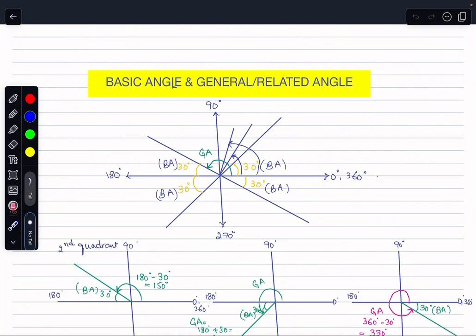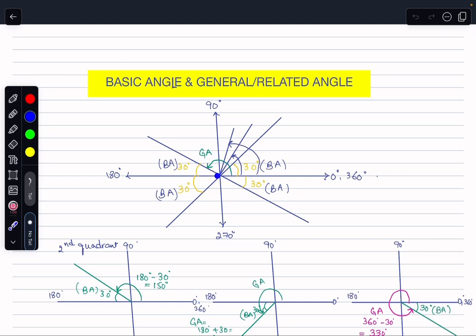Then we have the third quadrant, from 180 to 270 degrees, so it has been rotated from 0 degrees up to anywhere in the third quadrant. And then the fourth quadrant lies between 270 and 360 degrees, so any angle in the fourth quadrant will be between 270 and 360 degrees.